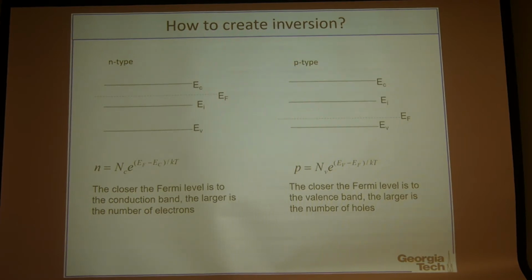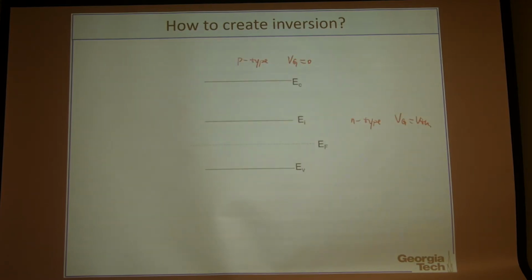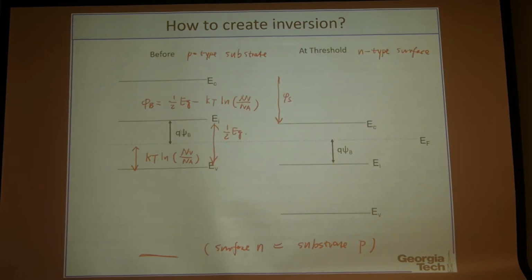And then we look at how the band bends during this process. To create this inversion, the conclusion is that we need to move down the EC by 2 phi b. So what is this phi b? This phi b is the distance between the Fermi level and the intrinsic Fermi level, which is the middle of the band gap.